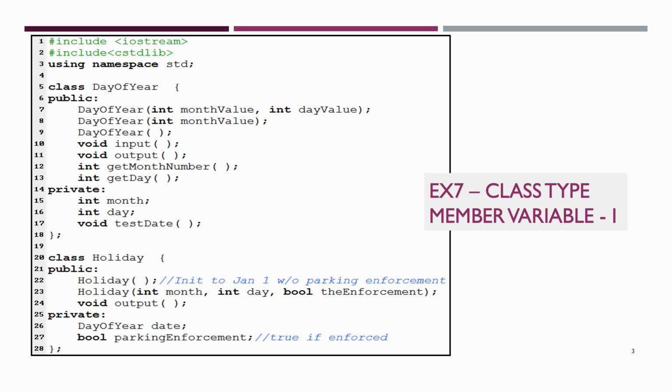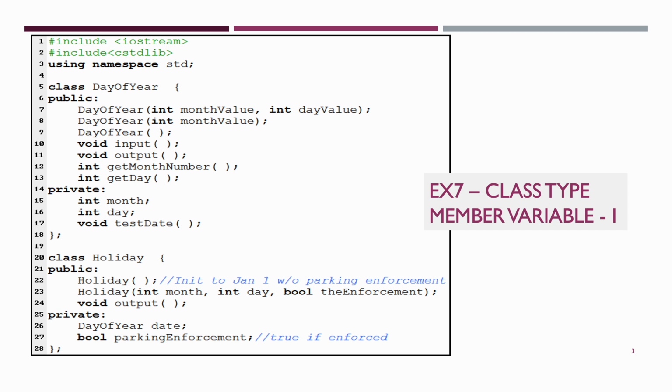The important takeaway from this example is that the holiday class uses a day of year object to store the date information for the holiday. This is a clear demonstration of how class type member variables are used to represent more complex data.